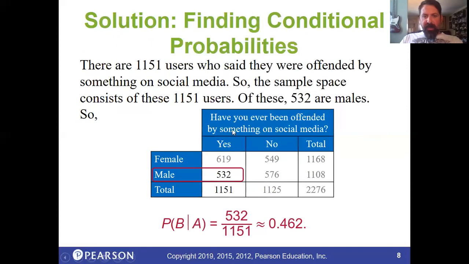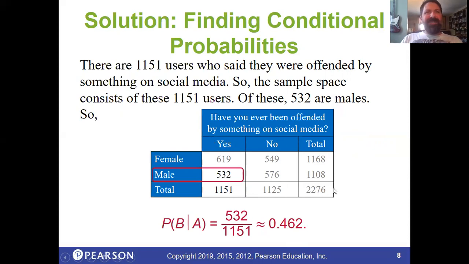So if we know you had said yes, that you've been offended, the males have a probability of 532 out of 1,151, or about a 46% chance. If I calculated the same for females, is it going to be radically different?